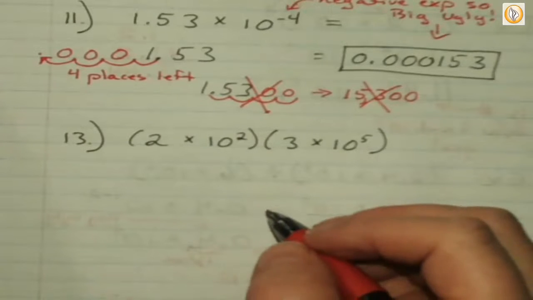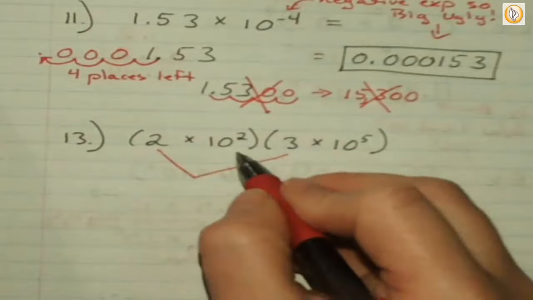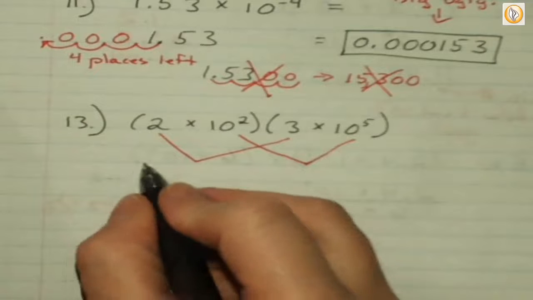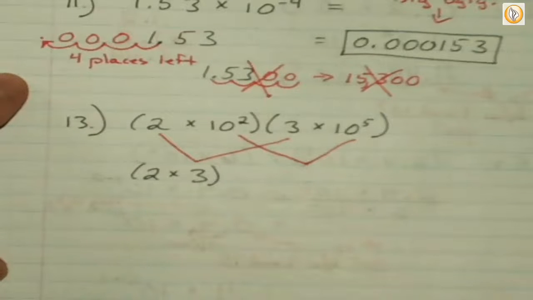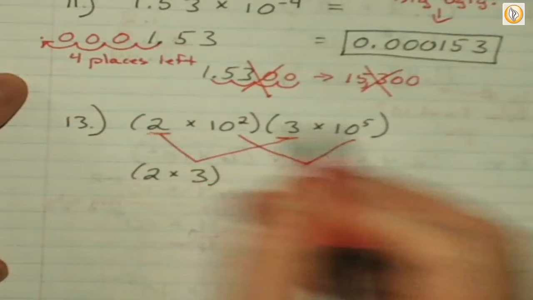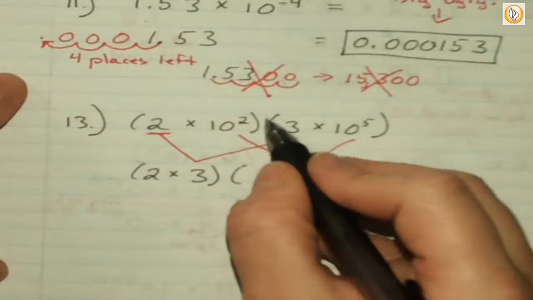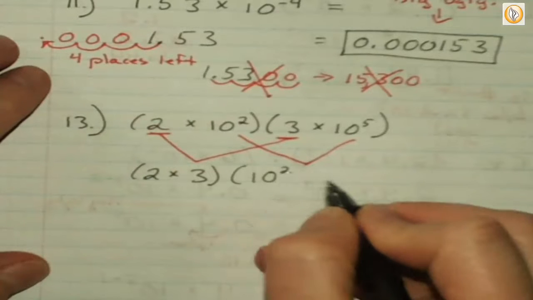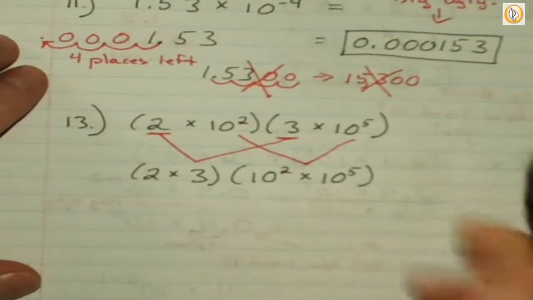Combine the 2 and the 3, and then the 10 squared and the 10 to the 5th. That's right. We're going to group 2 times 3, so I'm going to group my regular numbers, because we're multiplying, and then 10 squared times 10 to the 5th power.